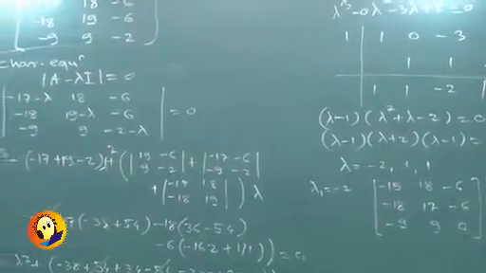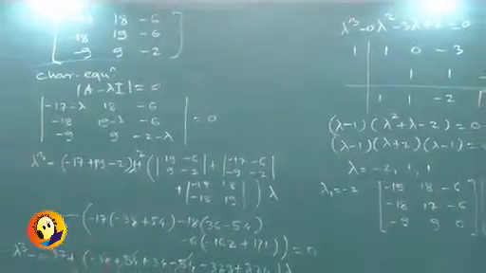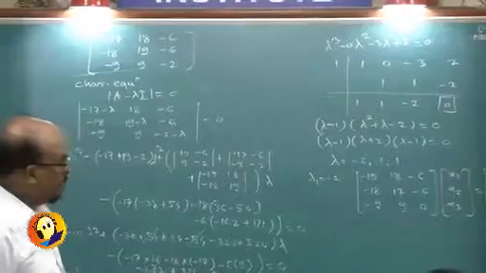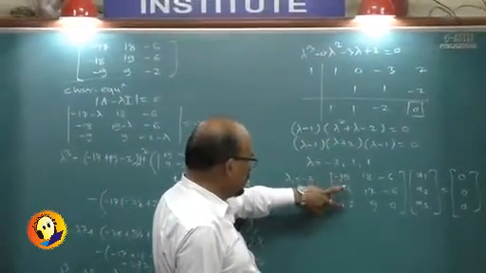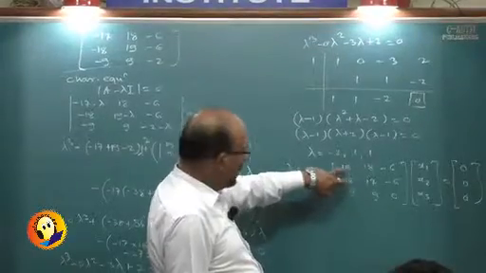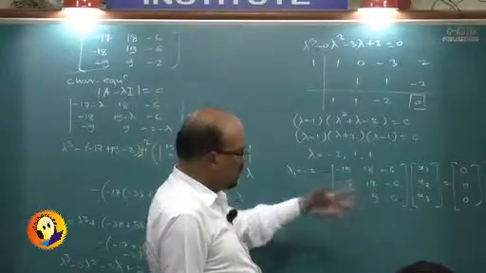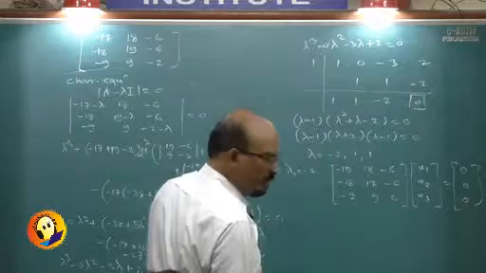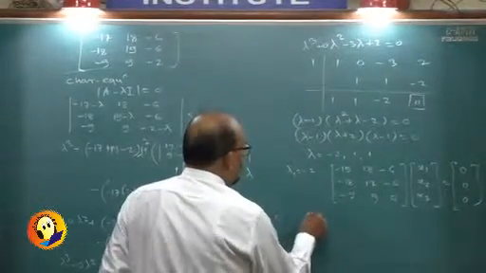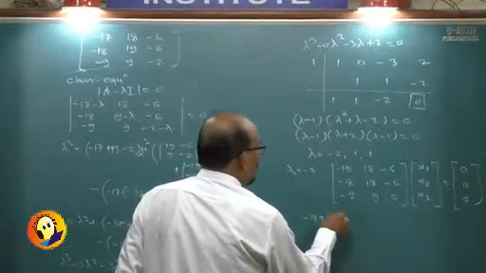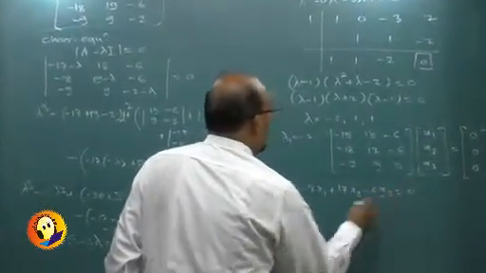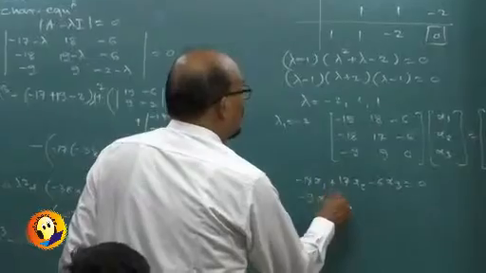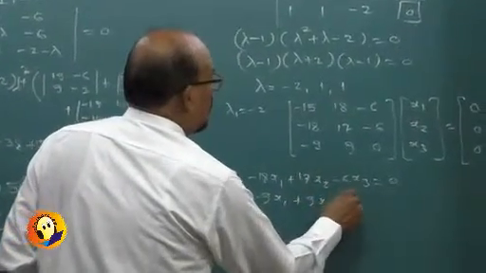Take the different root, different eigenvalue and solve for that. It is better that we take these two equations rather than entering into this calculation, second and third. So minus 18x1 plus 17x2 minus 6x3 equal to 0.